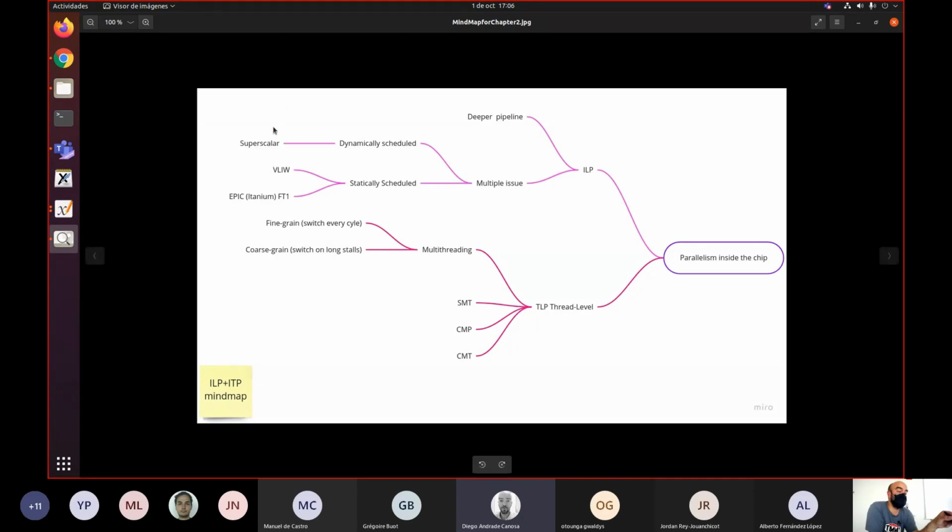This is available in what are called superscalar processors, and superscalar processors are most of the modern processors that we have in the market.